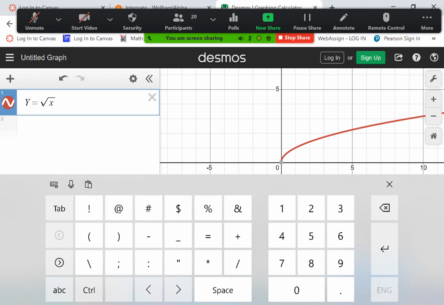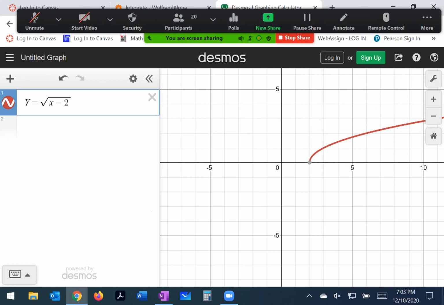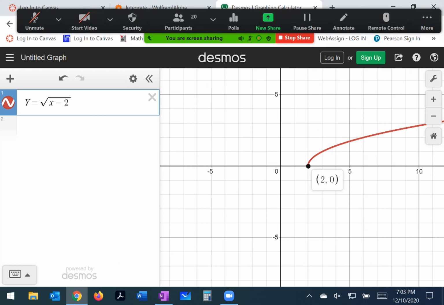Okay, so the function doesn't really even exist until 2. And there really is no area between 0 and 4. As x goes from 0 to 4, there is nothing. There's no area. And then at 2, at the equilibrium point, we're at 0.